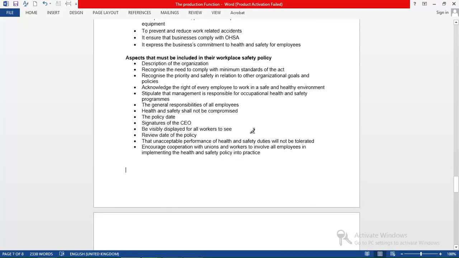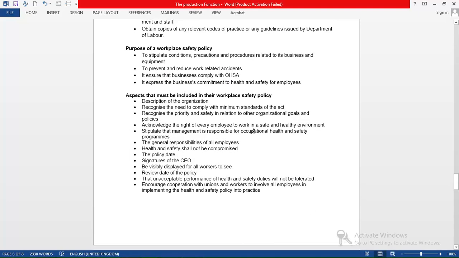What is the purpose of the policy? The purpose of the policy is to stipulate or identify conditions, precautions and procedures that are related to its business and the equipment. So the health and safety policy, in other words, states what the conditions are and what measures are put in place to make sure that the environment is safe and the workplace is healthy, right?